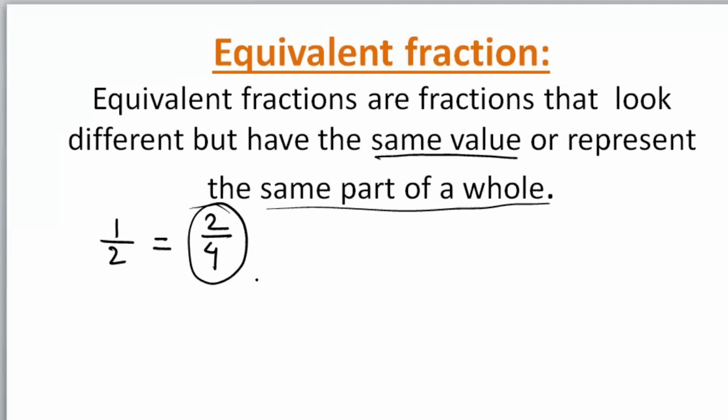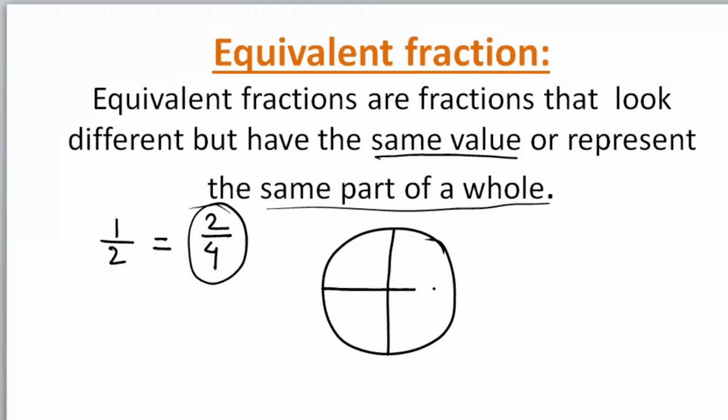For example, take a pizza, okay, and we cut that pizza into 4 equal parts. And if you eat 2 pieces of pizza, okay, 1 piece you have eaten, and then again the second piece you have eaten.